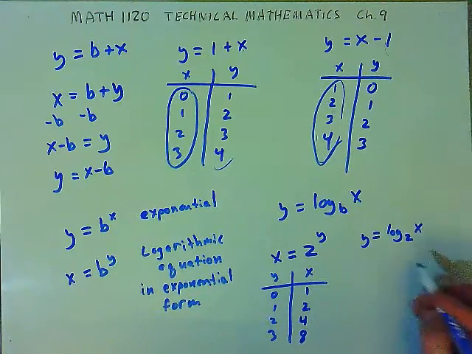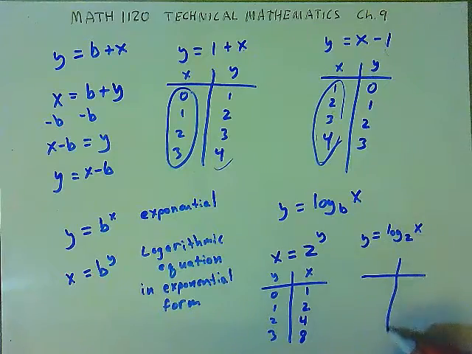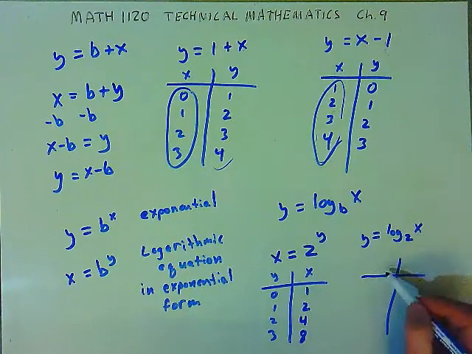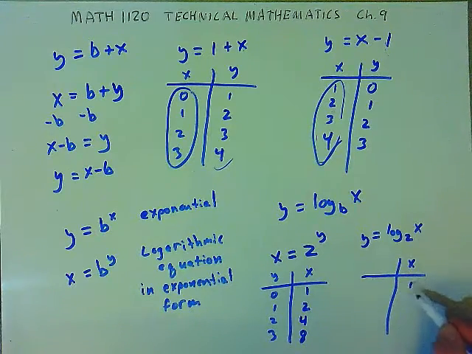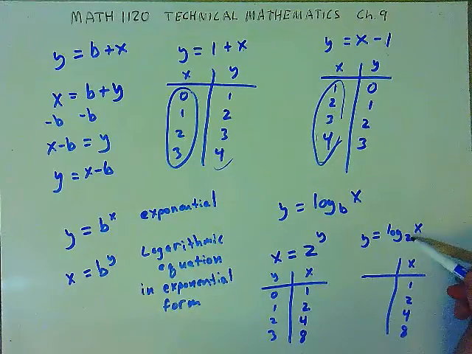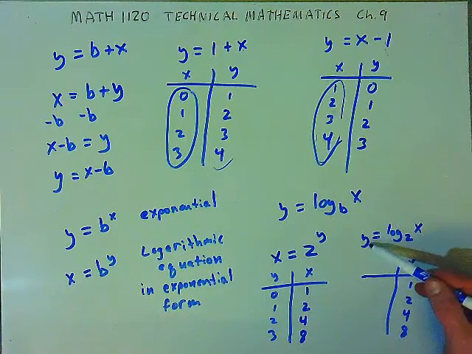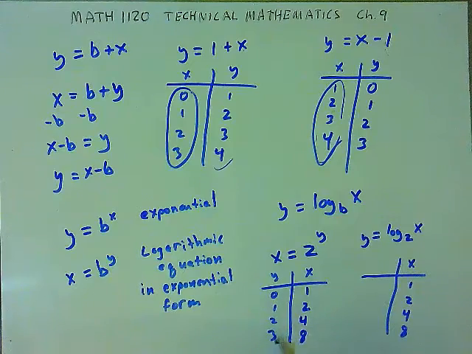If we look at this function in logarithmic form, let's say that now we know x. x is 1, 2, 4, and 8. We should be able to use log base 2 of x to figure out what y is. And we already know what y is when I plug in these values for x. These are equivalent functions. Let's see what this is asking us for.